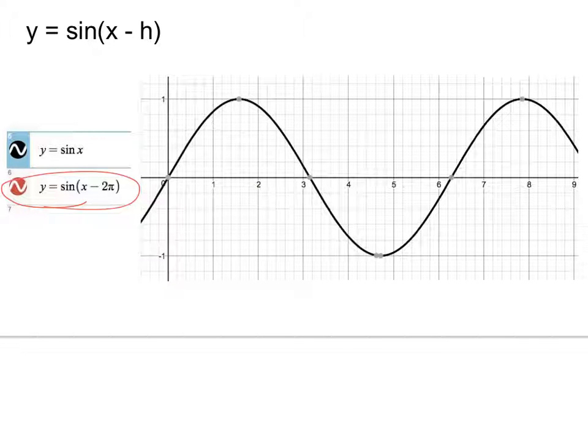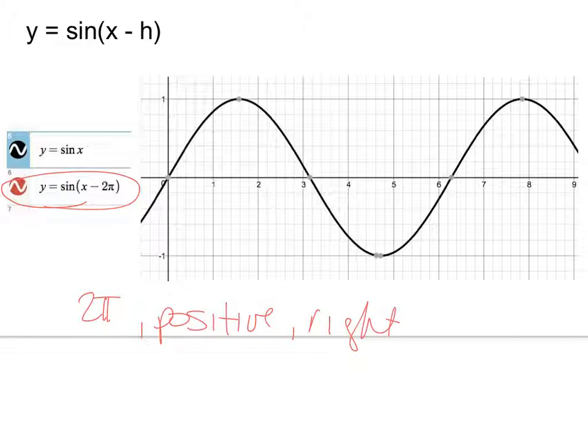You can't see 2 pi shift because that's where we are, is 2 pi. So if we shifted 2 pi, we took a whole cycle and just shifted it a whole cycle.